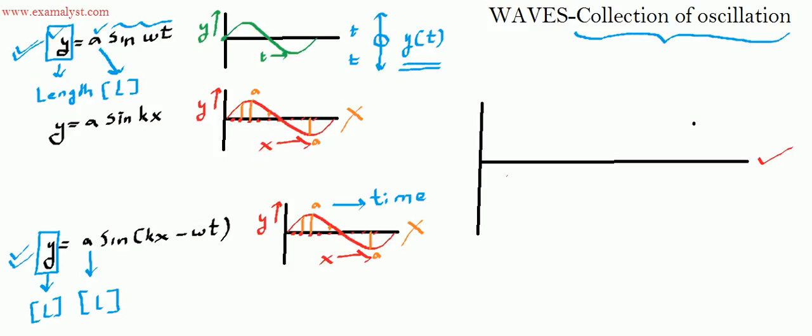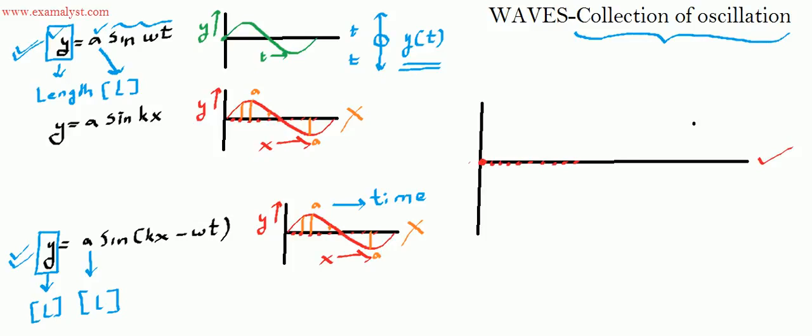Agreed? So you can imagine a rope made up of tiny small particles, infinitely small, and they are very close to each other. So all these particles are very small. When you make a crest and trough in a rope, look at this big red line.